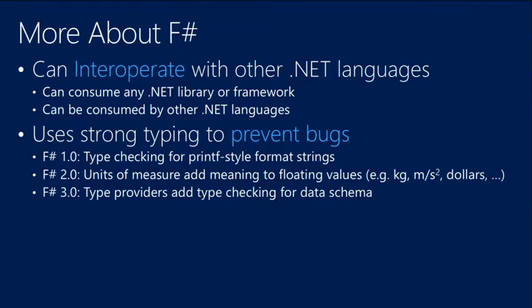Right? So it actually had type checking on those format strings, something that would happen at runtime in a language like C# with string.format. In F# 2.0, a feature was added called units of measure. Units of measure add type annotations to floating point values in your code. So you can create little mini type systems around floating point numbers, things like weights and measures, like kilograms and meters per second squared. You can also provide conversions between them that actually affect the units that are carried along with those floating point values.